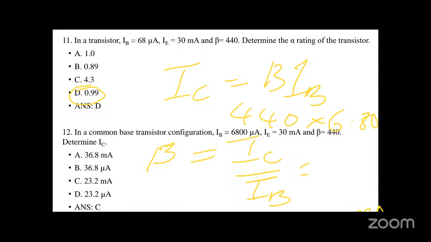So our answer is 2.992. Okay, so there's a mix up here.